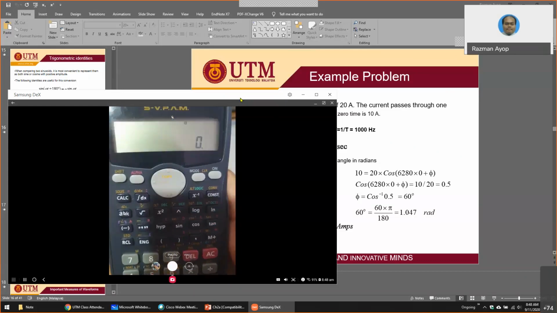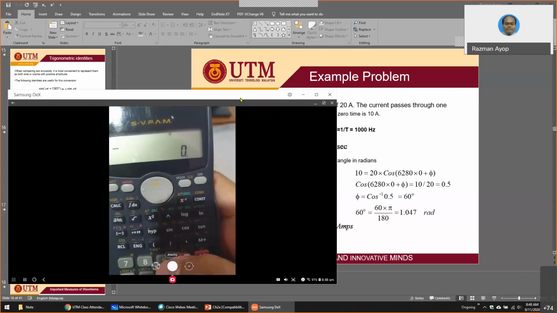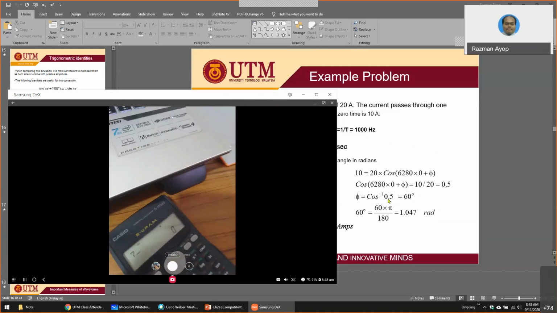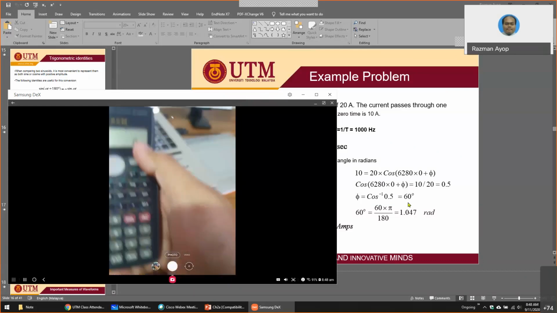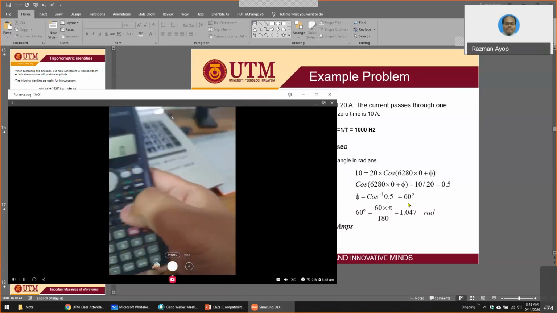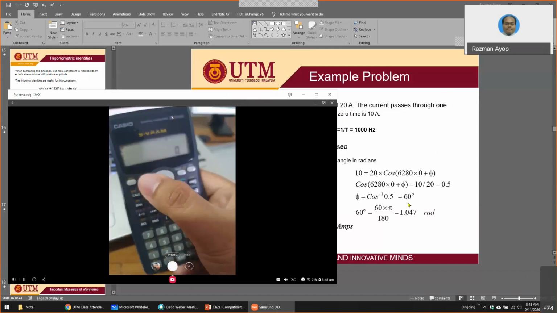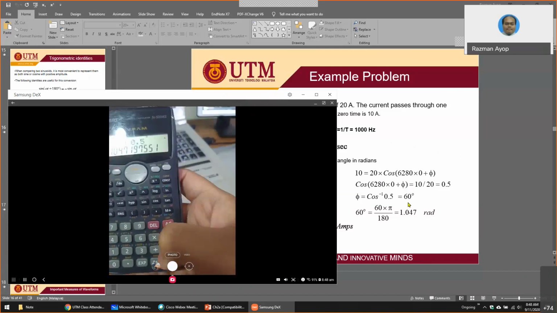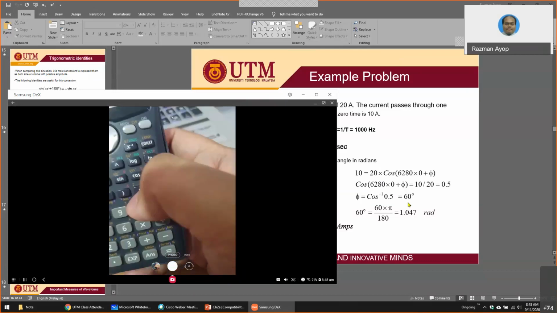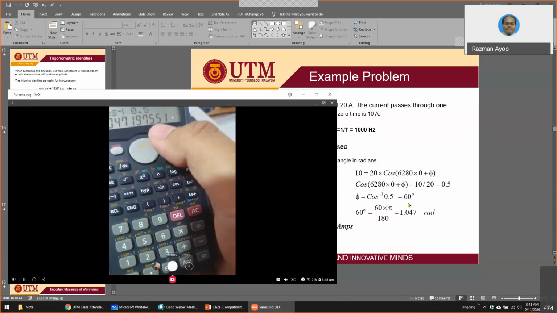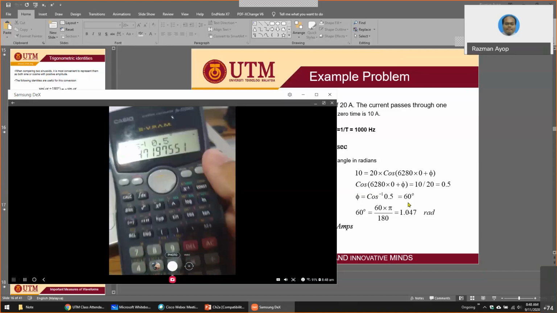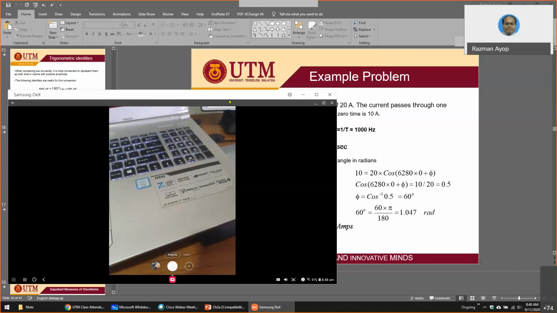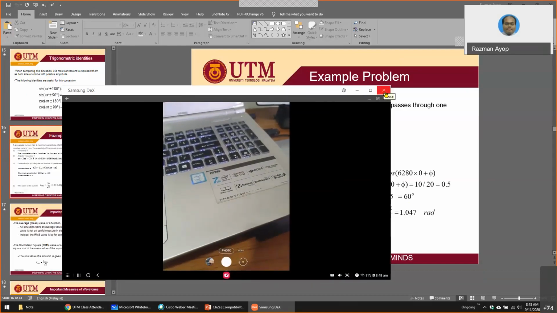Make sure it is in radian mode because this calculation is in radian. So you move this around, you get this, and cos inverse, of course, shift cos 0.5, you automatically get the answer, 1 point something. You will get the answer directly. Make sure you know how to manipulate the sinusoidal wave.